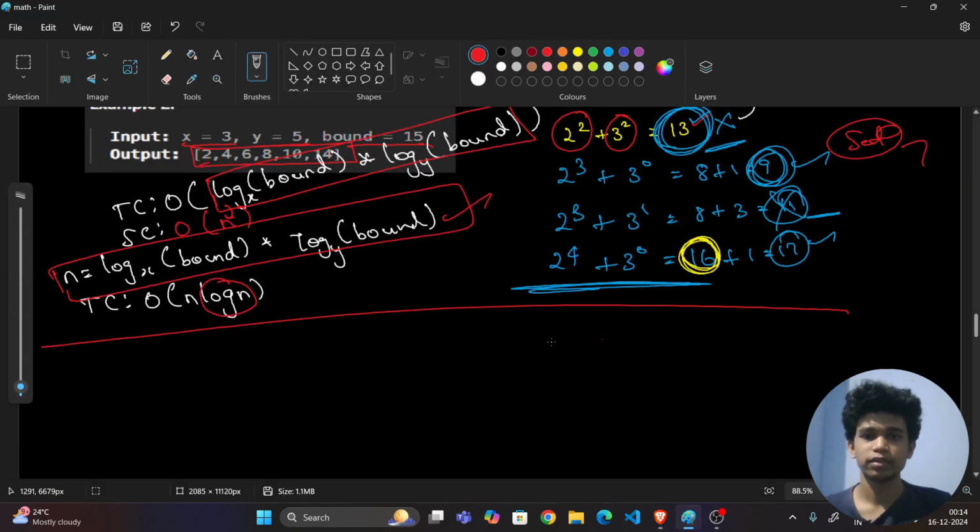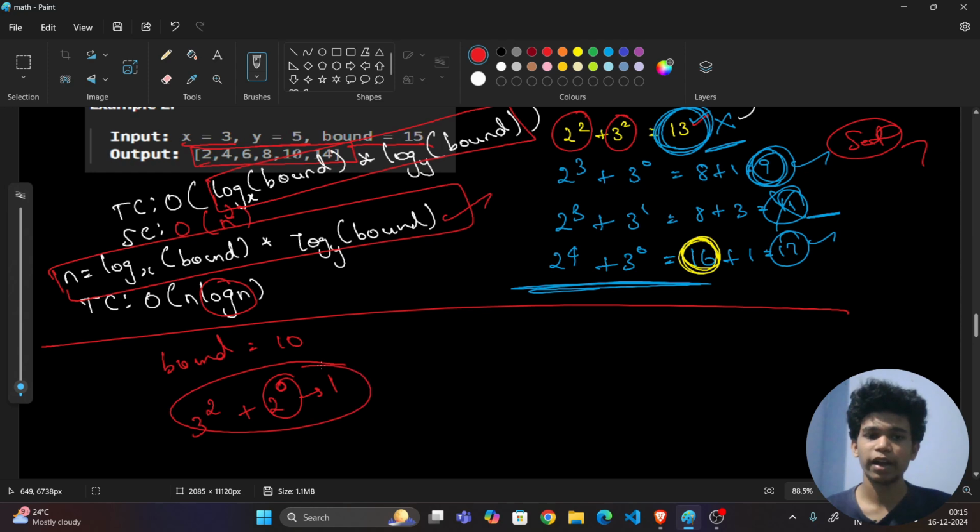Why? Because see here, x may be anything. If bound is equal to 10, and x is 3, and I do a square. Now plus what is the minimum power I can take in the other one, y? It is 0 only, right? Anyway it becomes 1. Anyway you are going to add 1.